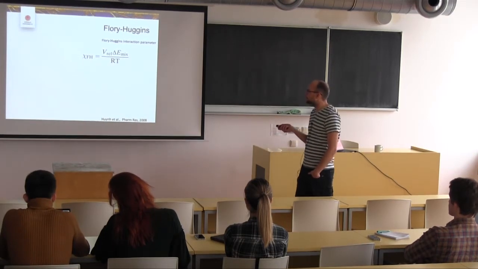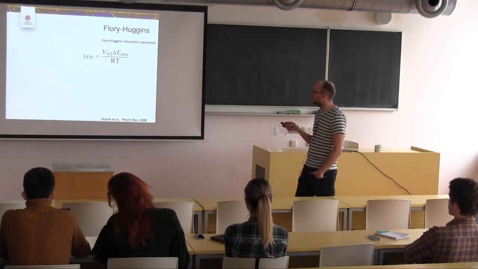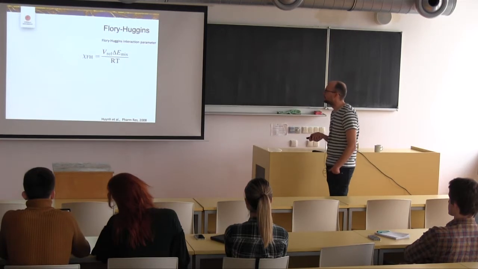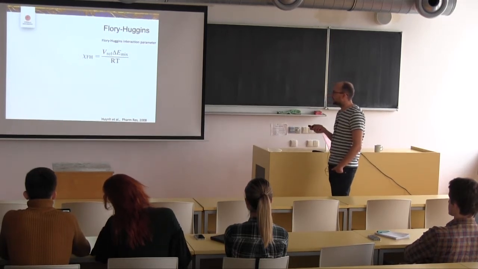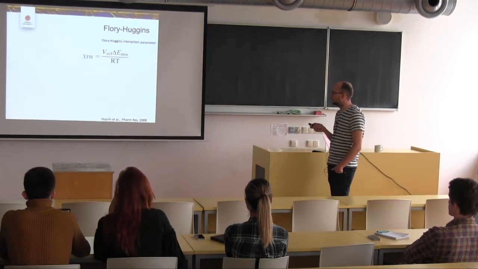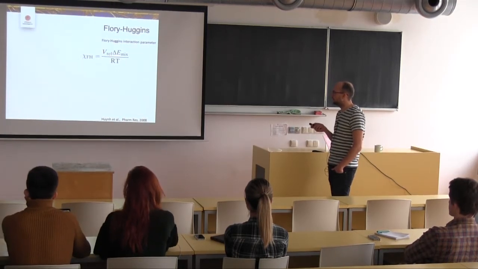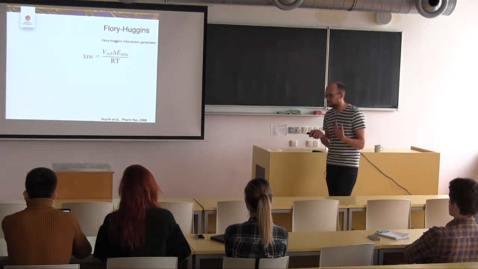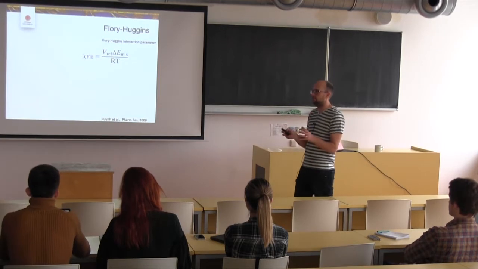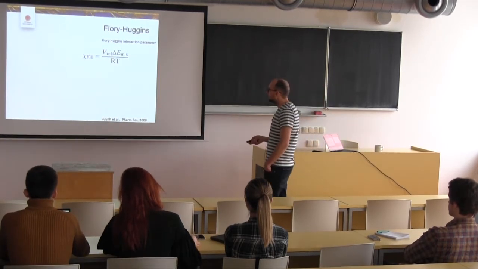You do that by calculating the so-called Flory-Huggins interaction parameter. It's calculated through this expression. You have the molar volume of your system, and then you have this Flory-Huggins energy, which measures the change in energy as you mix two compounds together.